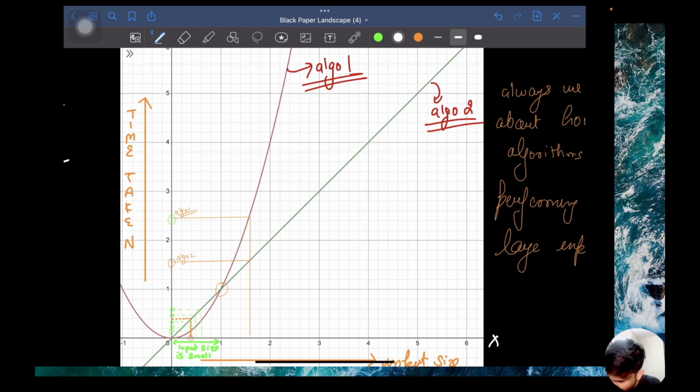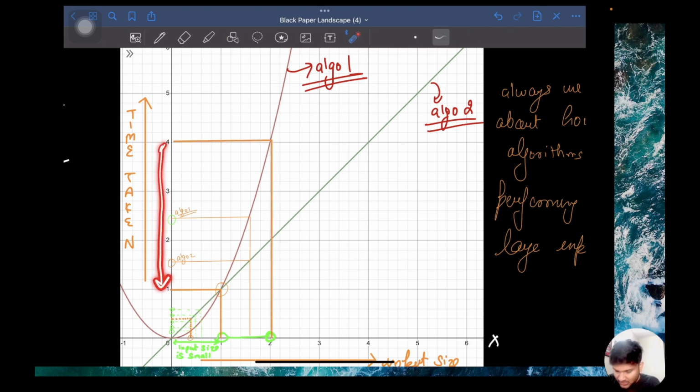Let me draw it like this. Let's say with a small change in input like this, if you carefully see, the change in time is extremely huge. See, this is the change in time, right? Whereas if you compare it with algorithm 2, the change is very less. So that's what growth is.